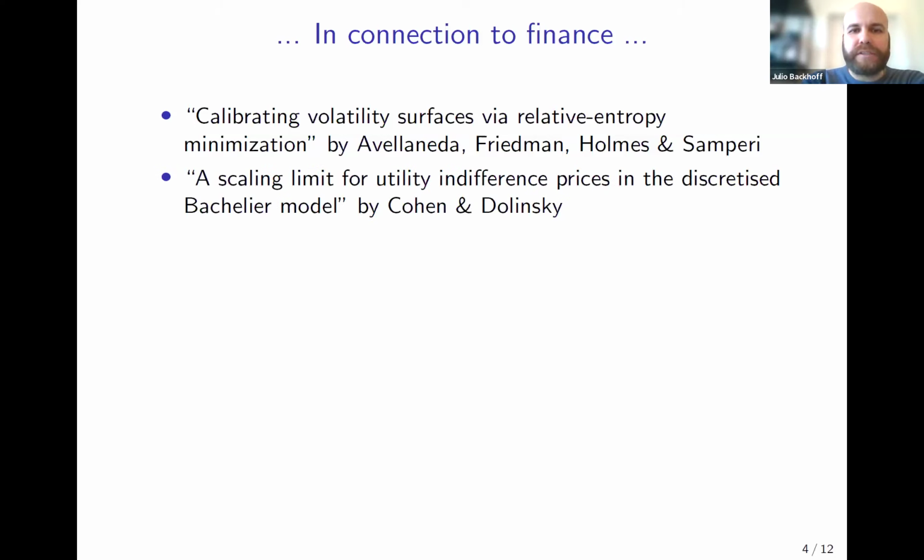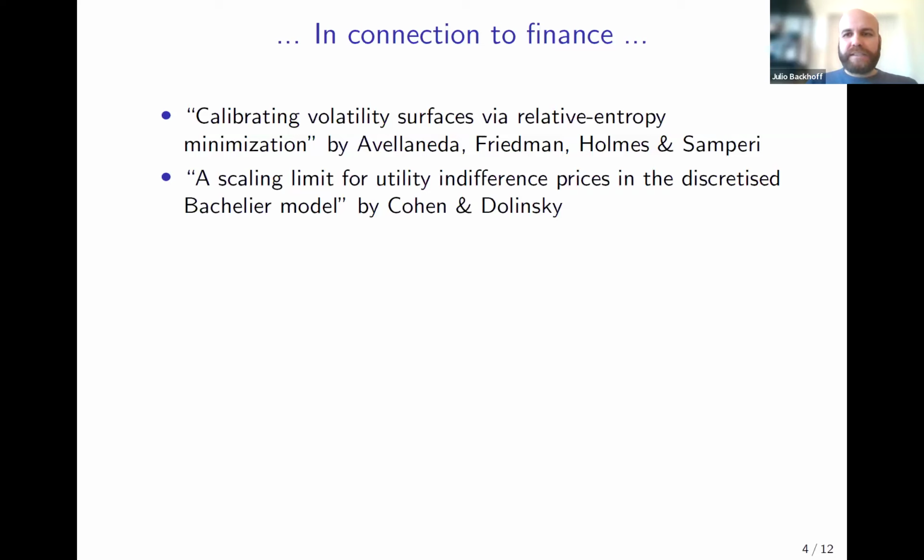In more recent time, there is this article by Cohen and Dolinsky. They consider utility indifference prices in discrete time for exponential investors that are trying to price an option. And they pass to the limit as the number of time steps goes to infinity. And essentially, due to the duality between exponential utilities and relative entropy, this passing to the limit that they get there in the dual corresponds to something like the specific relative entropy.